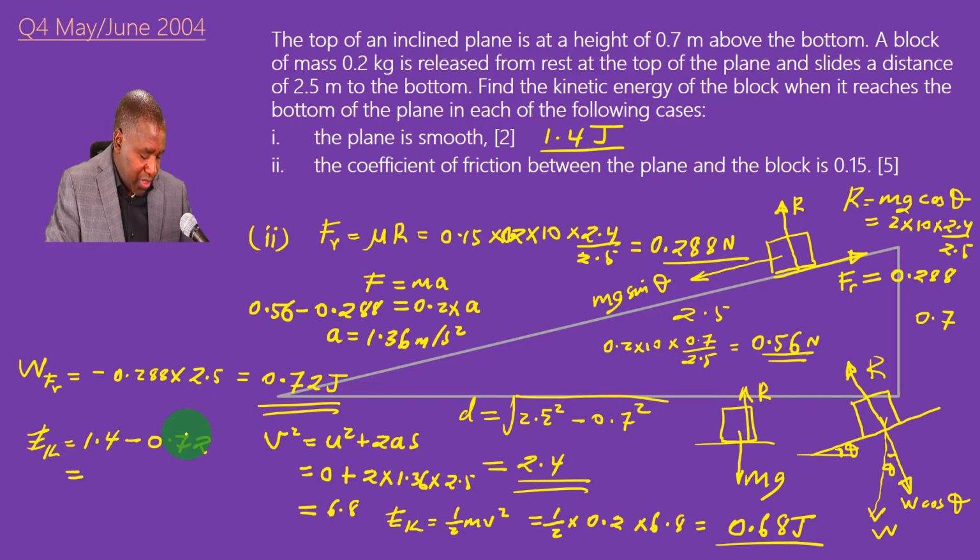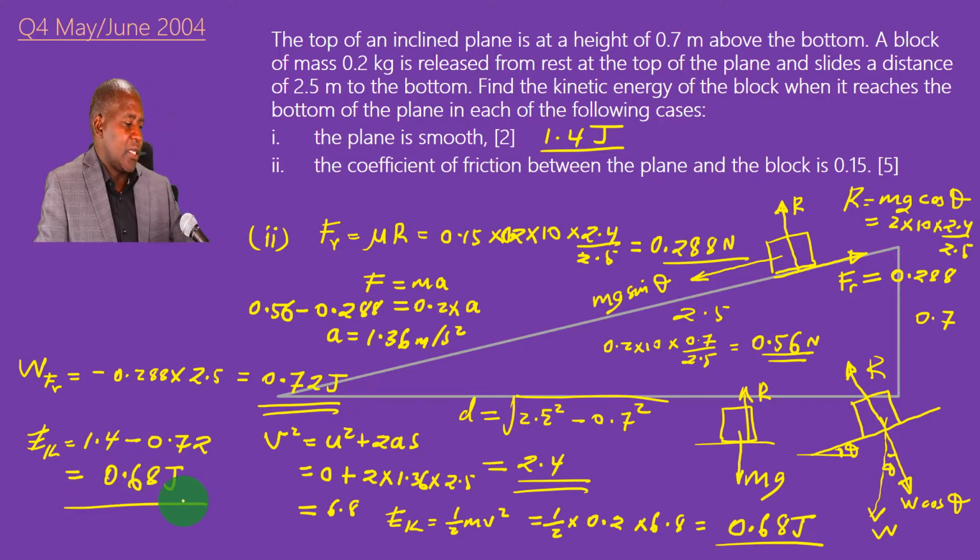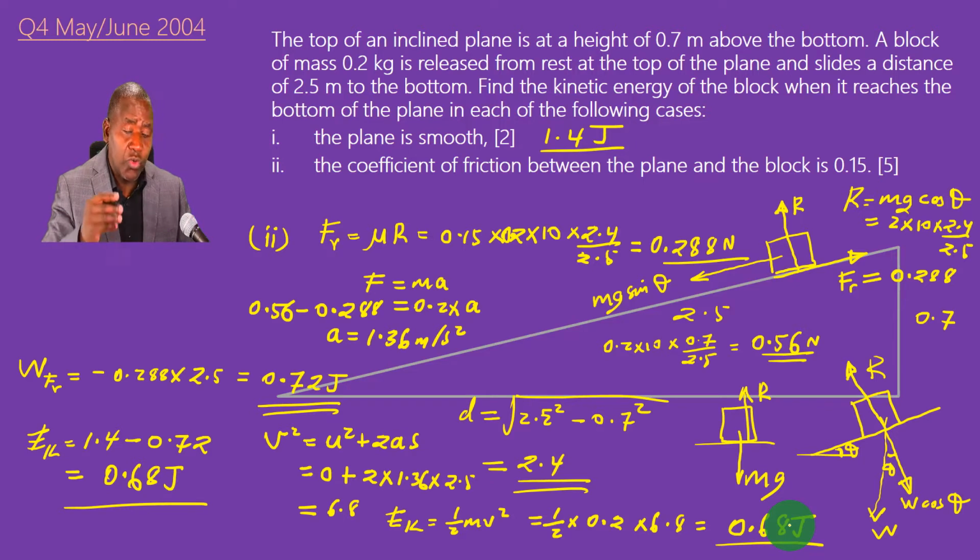So I'm going to get 1.4 minus whatever answer I got there, I get 0.68 joules. And you can see that a student using this method or this method, they arrive at the same answer, so long as you put your working in such a way that everything is quite clear. And that is how you work out question number 4.